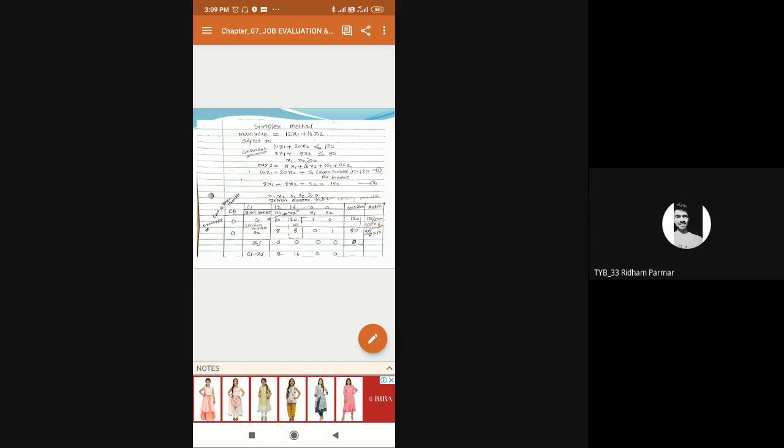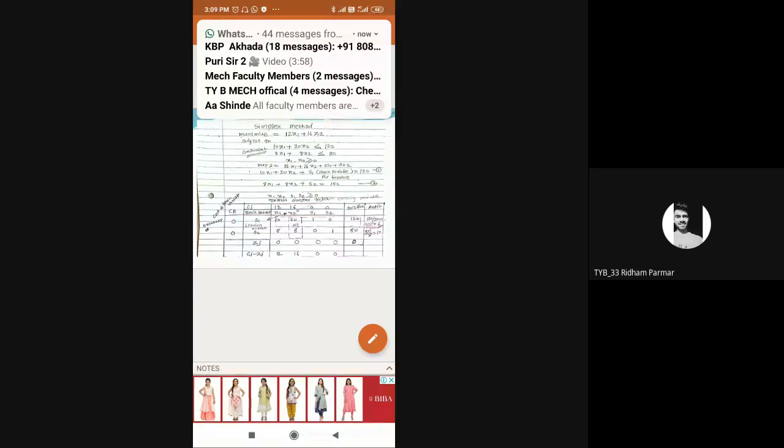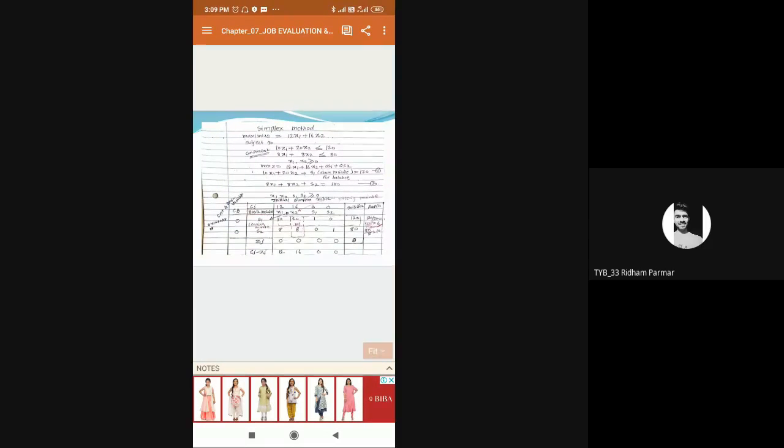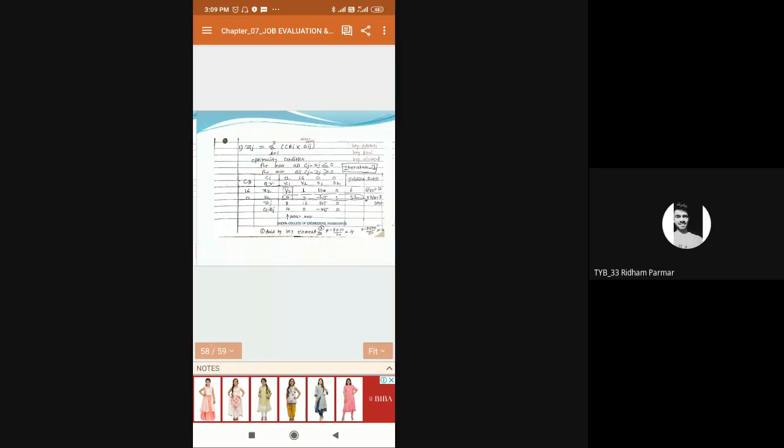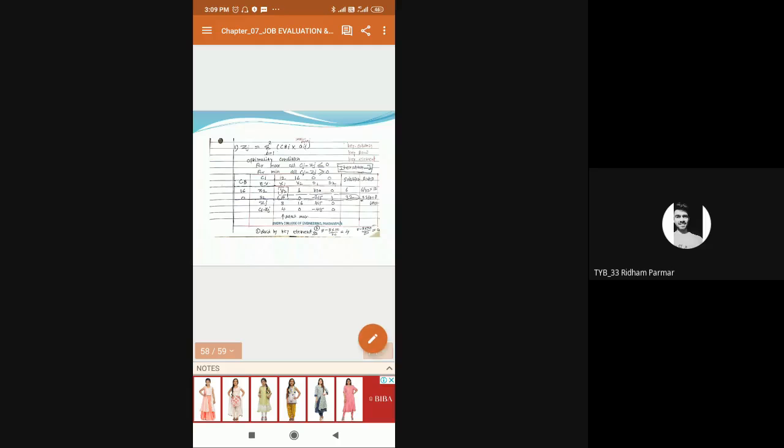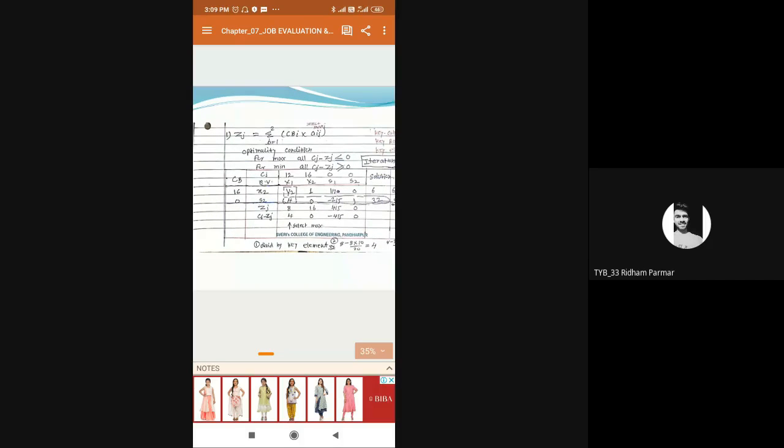For maximum condition, what is our rule that we see, and for minimum condition, what is our rule that we see here in this table? What is the actual optimum condition? Optimum condition for maximize profit, Cj minus Zj, this should be less than or equal to 0.